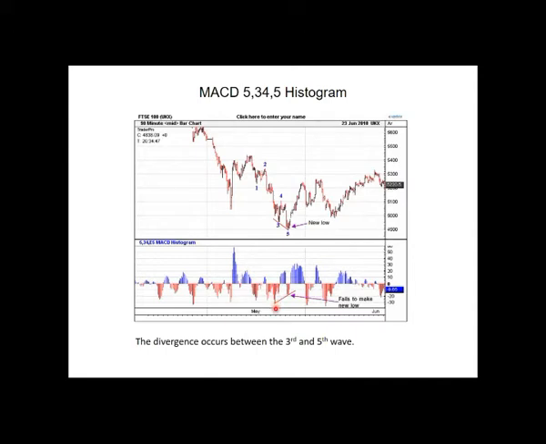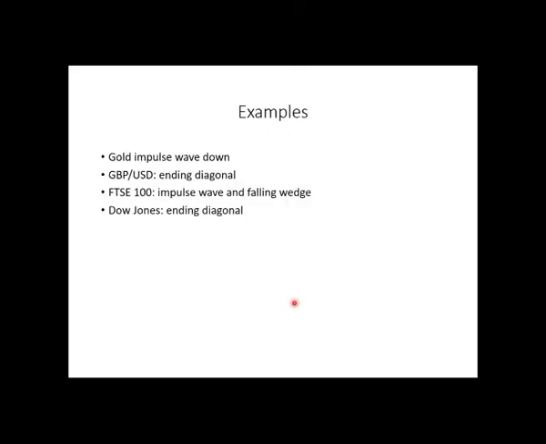So we have the downward momentum. MACD made a higher low at the end of wave 5. So it means that there is a bullish divergence, and that is warning us that the stock market will rally. Okay, so this is a good example of a divergence at the end of 5 waves.